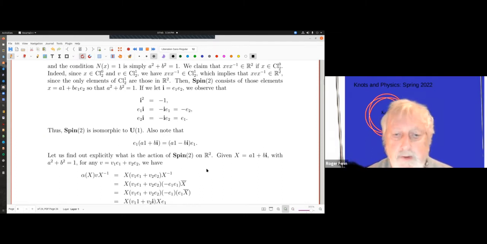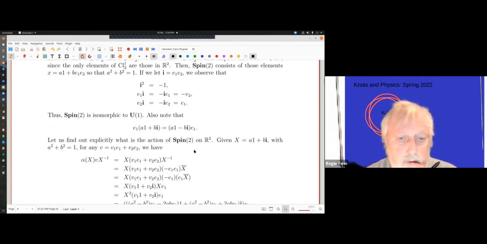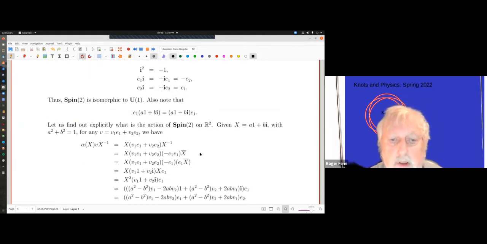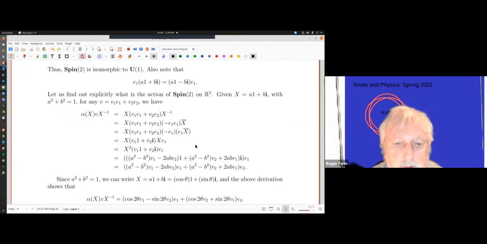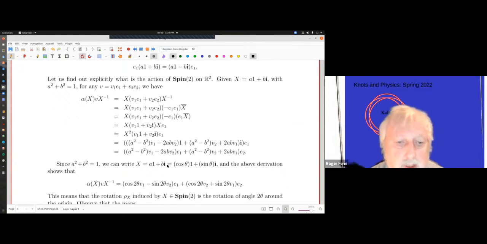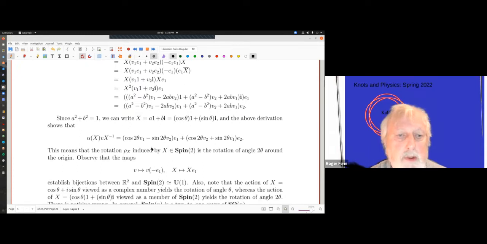And then he writes down explicitly what the action is. I don't think I need to go through all the pretty details, but it turns out to be a rotation, some theta is cos 2 theta.